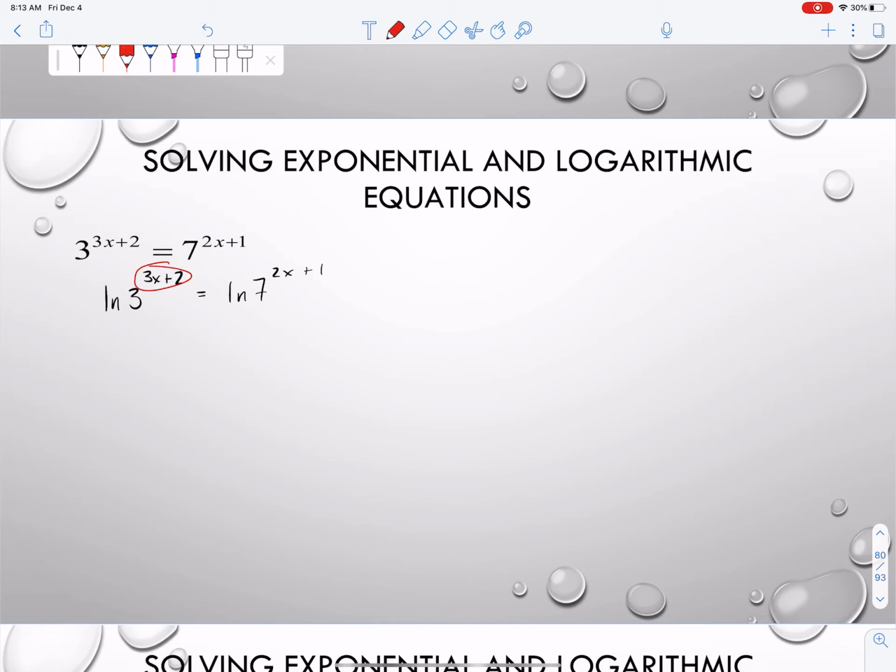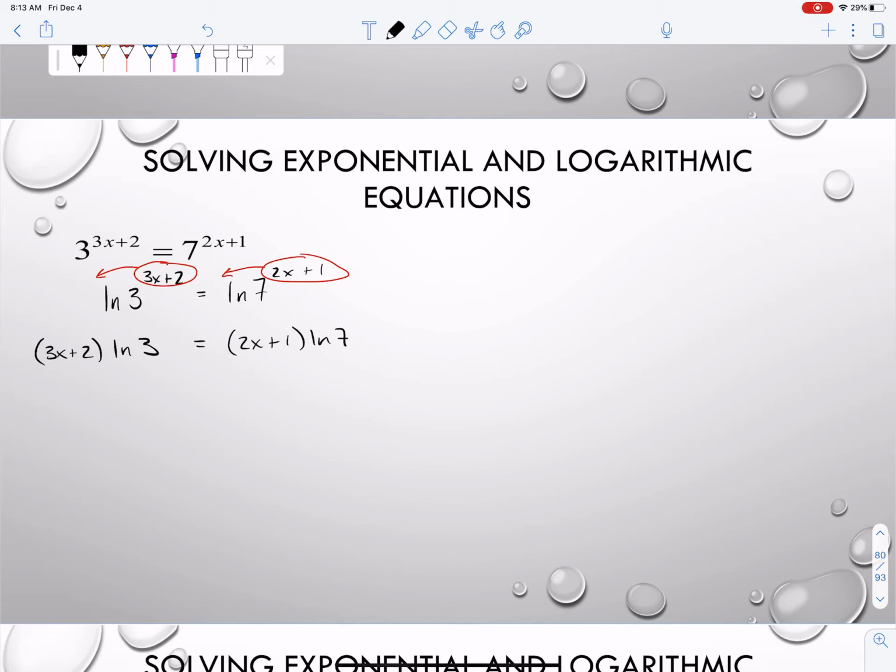And again, now that I've done that, I'm going to be able to bring my entire exponents down as coefficients. Now remember, I'm bringing the entire exponent down times that log. Even though it's not in parentheses up top, you need parentheses because you're going to have to distribute that log to the entire exponent.